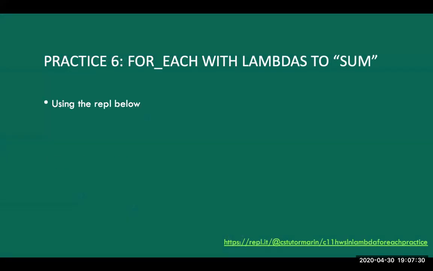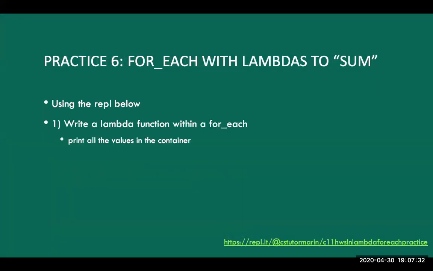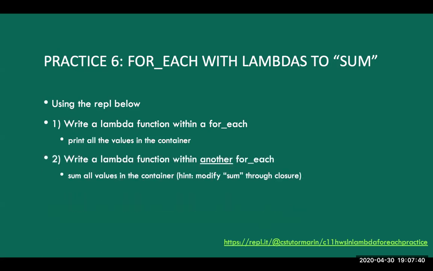So let's try this. Try using a lambda to write a sum function with for each. We've got a set of values in a container, and we want you to write a lambda within the for each, within that syntax there, and sum up all the values in the container. I know I've shown you all sorts of syntax, but wind back to a page that has the lambda structure on it.